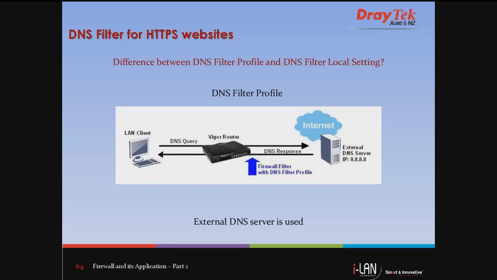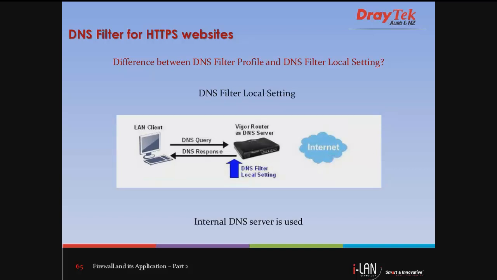The difference is when the LAN clients are using an external DNS server, which means the DNS queries are sent to the WAN interface, then we should use DNS filter profile. While DNS filter local settings is used when LAN clients are using the Draytek Vigor router as a DNS server, which means DNS queries are sent to the router directly.